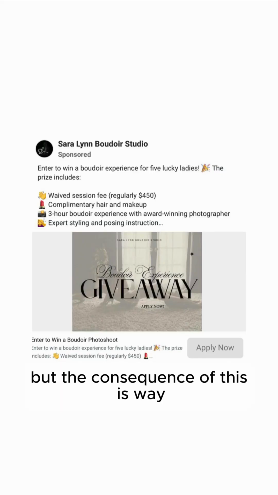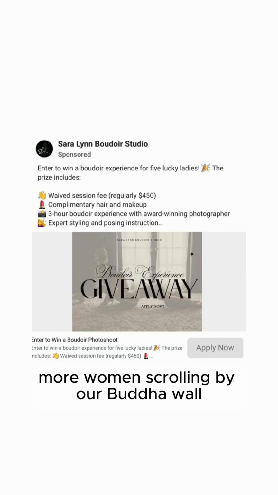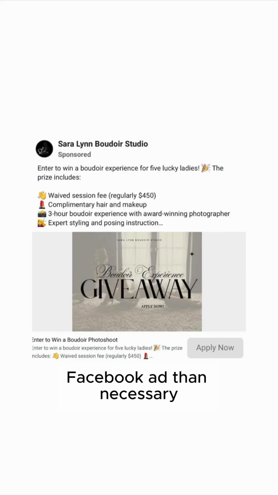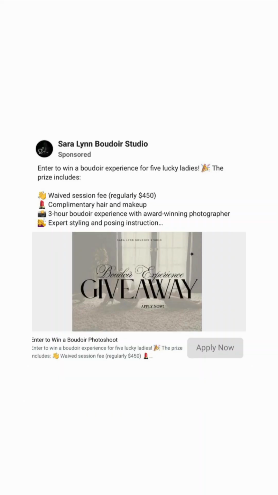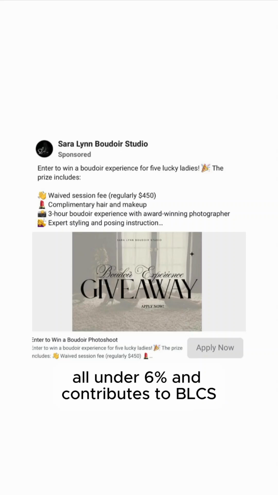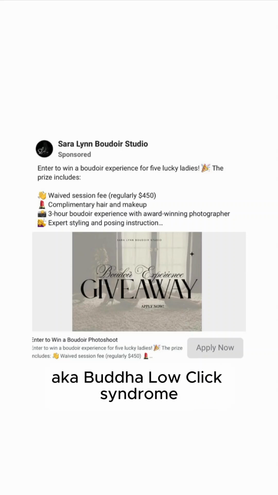But the consequence of this is way more women scrolling by our Boudoir Facebook ad than necessary. And it pulls unique CTR all under 6% and contributes to BLCS, aka Boudoir low click syndrome.